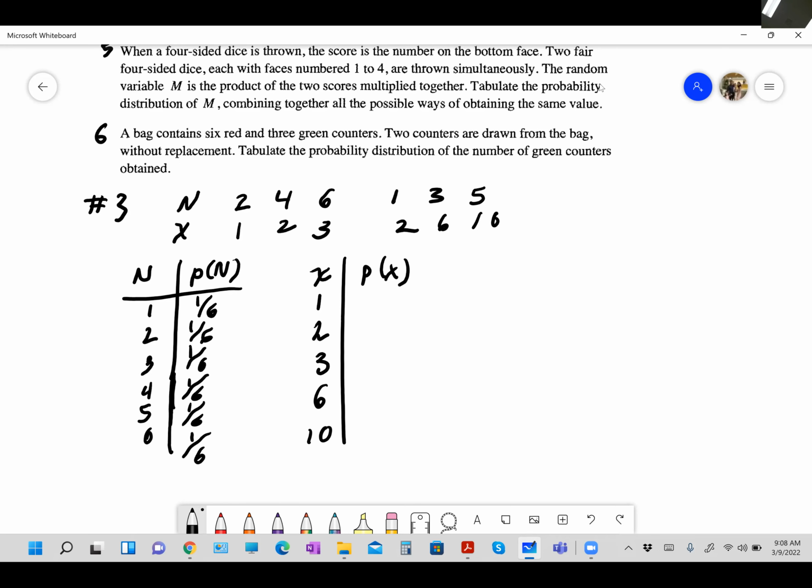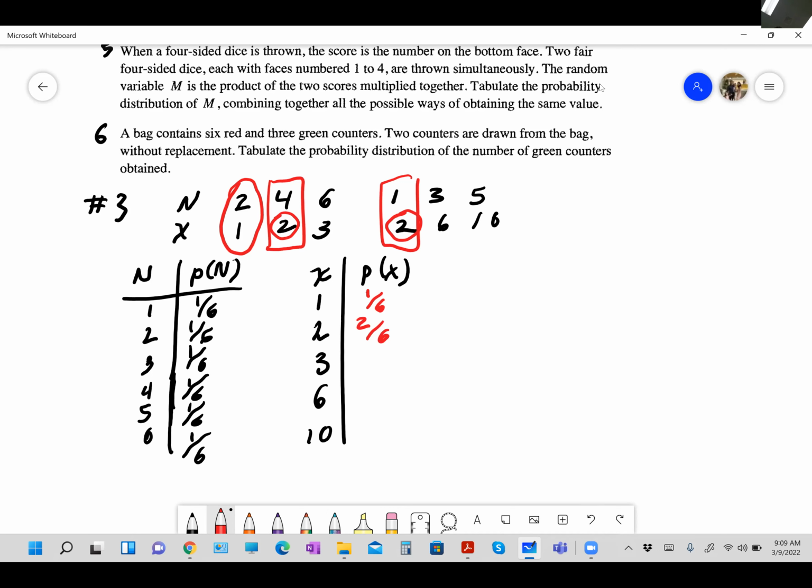Now, 1, how many times does 1 happen? So what's the probability of getting a 1? 1 over 6. How about a 2? How many of those happen? You got this guy and this guy. So we're going to have 2 over 6, right? How about 3? How many times did that happen?